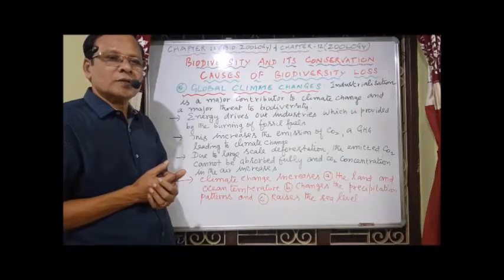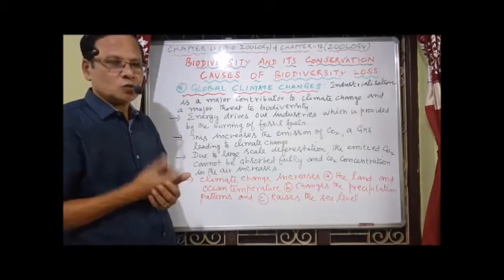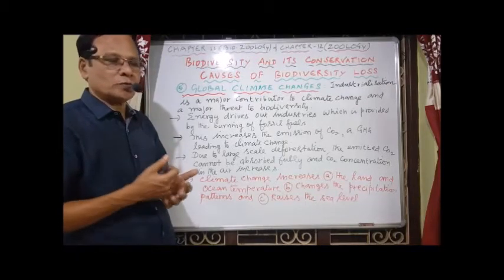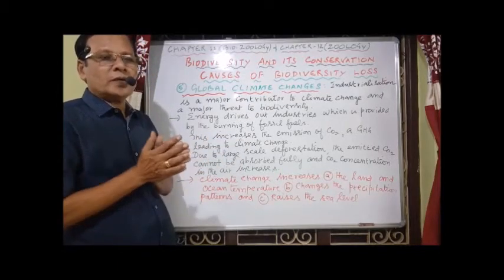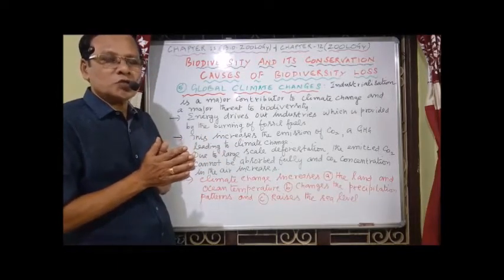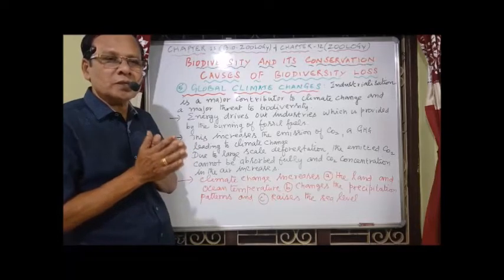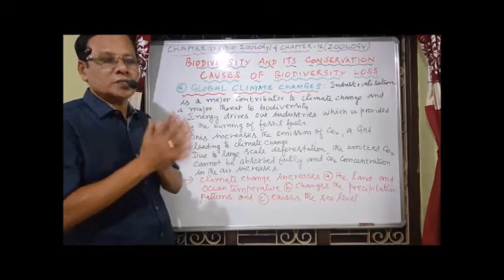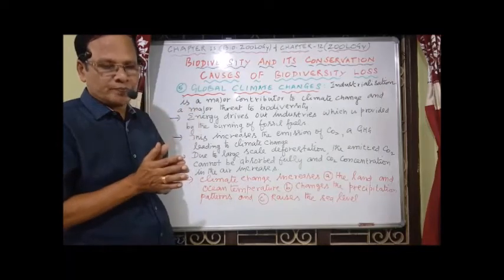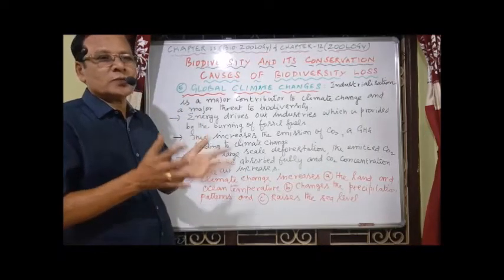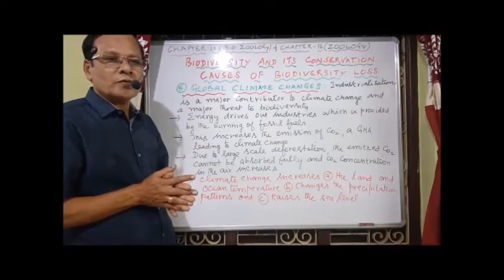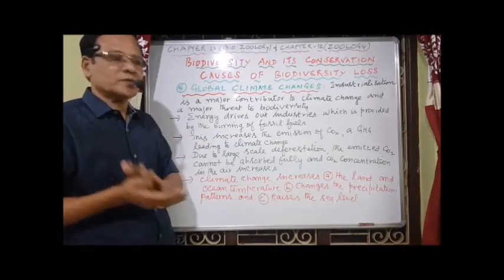Even the development of scarlet disease; I'll tell you more about this after writing it. So anyway, we see that climate change is an imminent danger, almost happening, to the existing biodiversity.